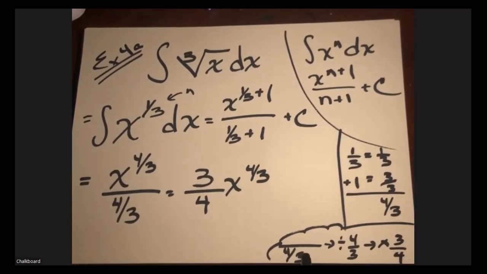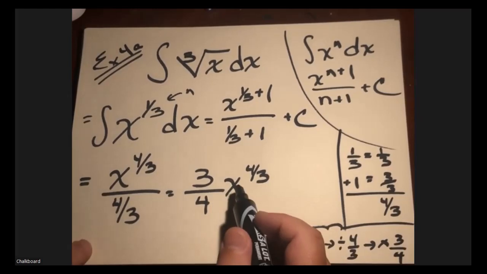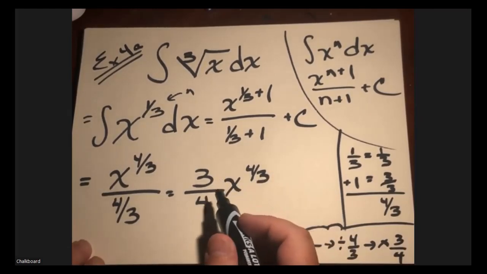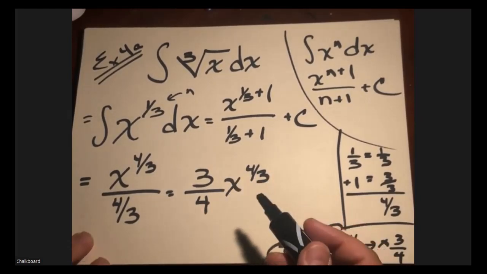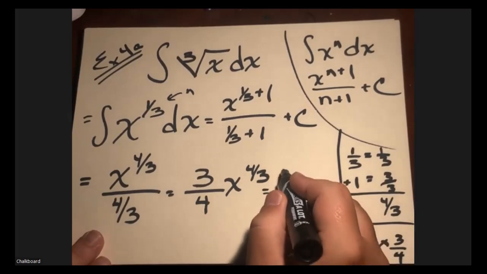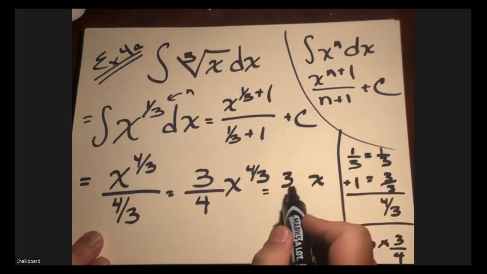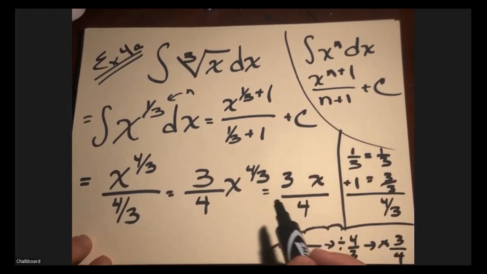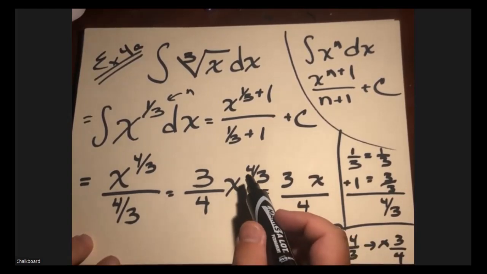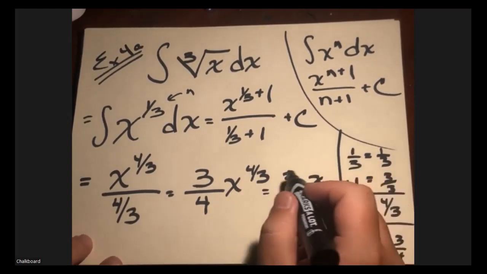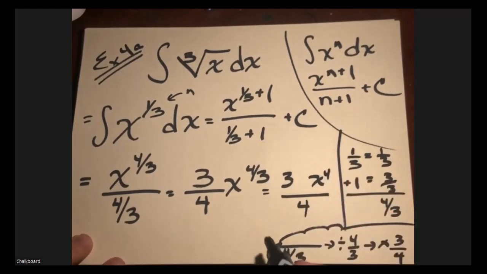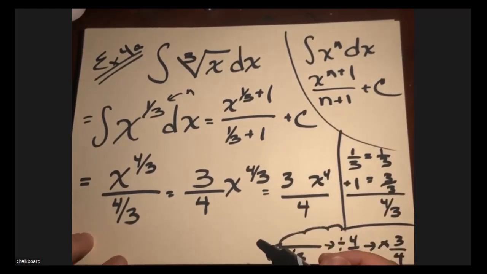Now, if you wanted to really finish and write it so it had no fractional exponents, the last thing I would do is take this x expression and put it up there with the 3, because it is, after all, over 1 anyway. And then to handle these exponents, notice it's got a 4 as a numerator. That means that 4 is an exponent. And it has a 3 as a denominator.